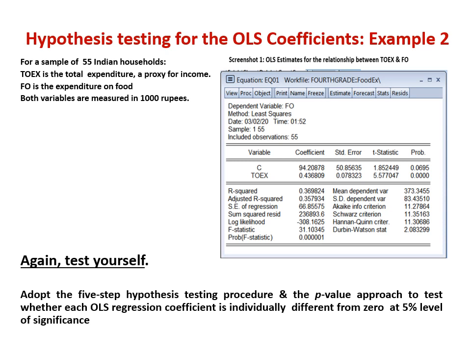Of interest to us is the middle section of this screenshot. It provides the estimated values for the intercept, slope coefficient, their estimated standard errors, their computed t-statistics, and their accompanying p-values.